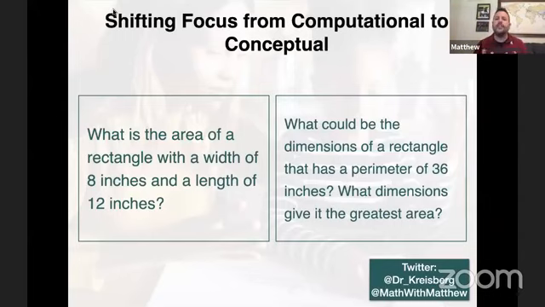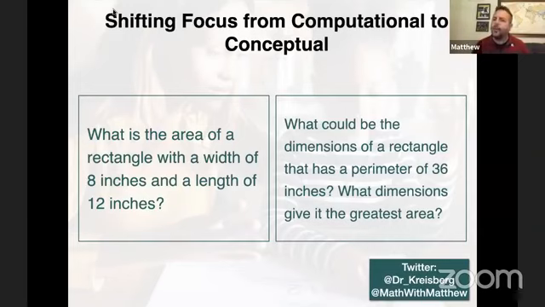So we shift now from the ideas of what we used to do to what we ask of you. There's a great example here. When I went to school, they would ask very specific, direct questions, such as, what's the area of a rectangle with a width of 8 inches and a length of 12 inches? And so you do the calculations like a robot, you figure it out.